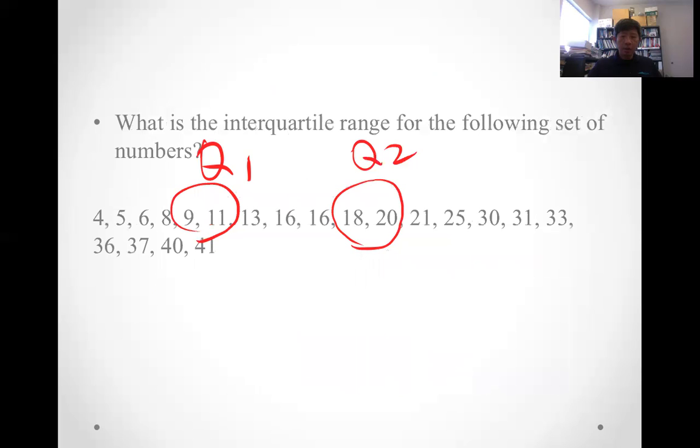Okay, Q3 right here. So we find the data Q1, Q2, and Q3, right?